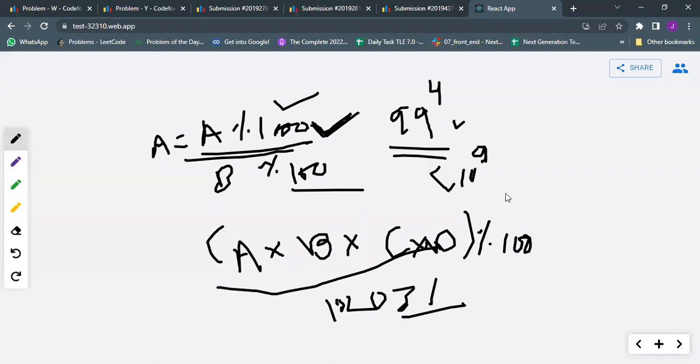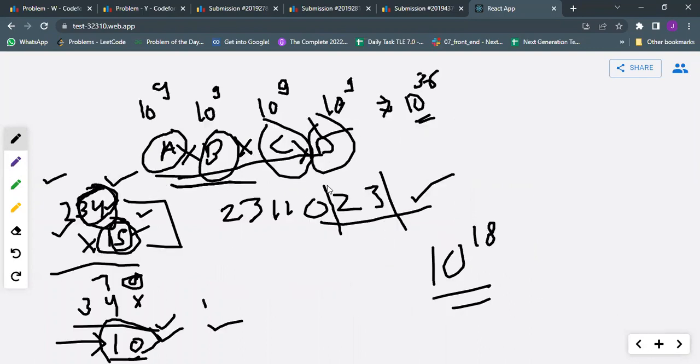Why do we do modulo? We could have simply taken ABCD. Okay, you mean why we do modulo? We can take simply ABCD, right? That's what I explained here. If you simply take ABCD, then what is the maximum value of ABCD? 10 to the power 9, right?